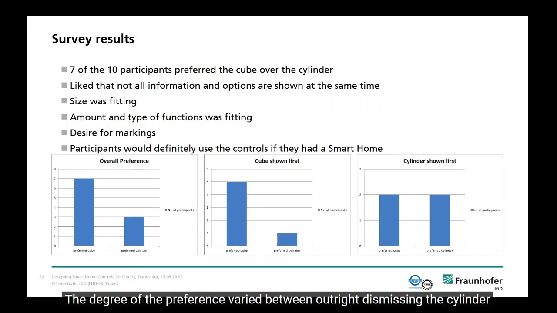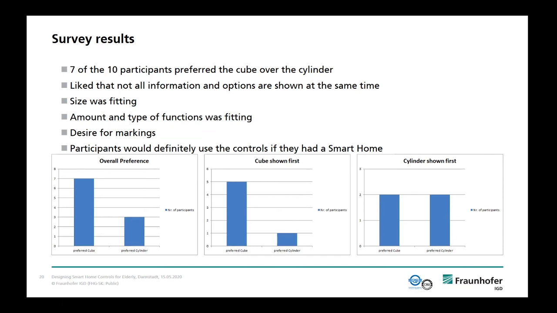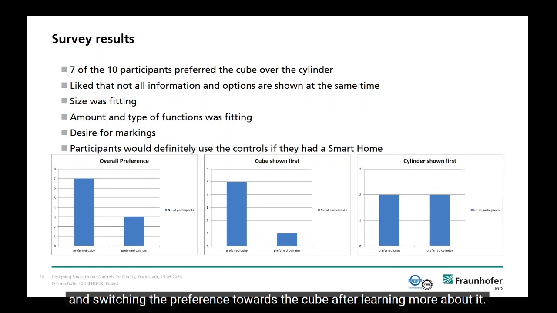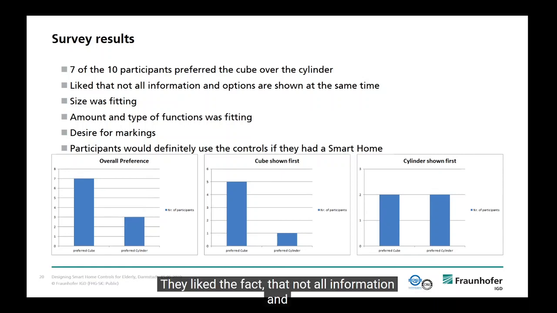The degree of the preference varied between outright dismissing the cylinder and switching preference towards the cube after learning more about it. They liked the fact that not all information and options are shown at the same time. The possibility to accidentally turn multiple rings on the cylinder was also mentioned as a drawback.